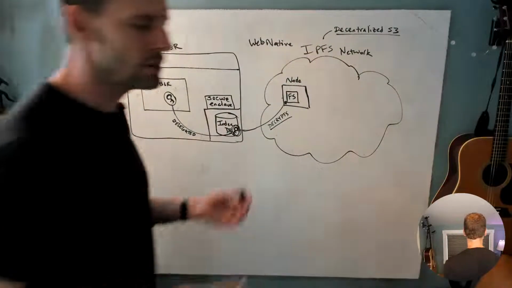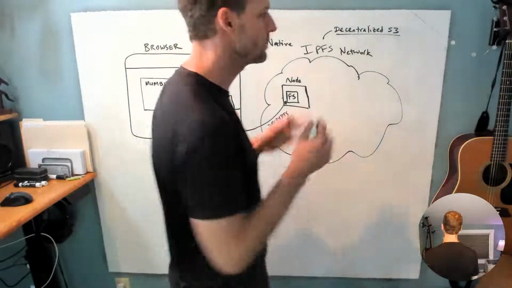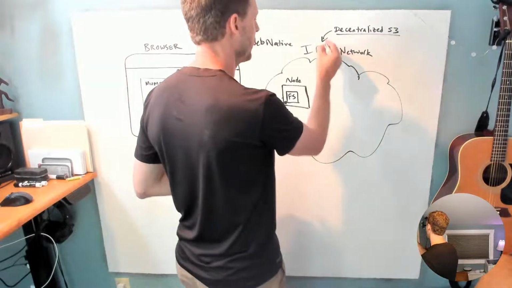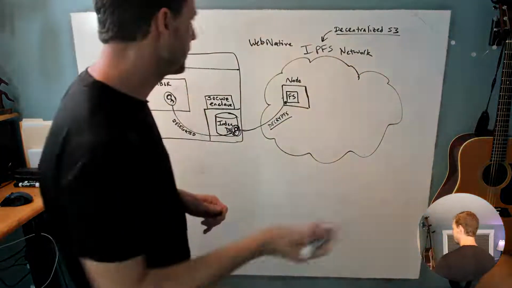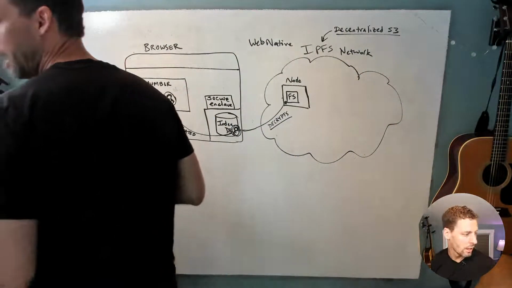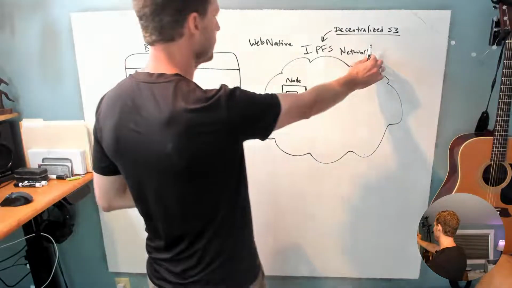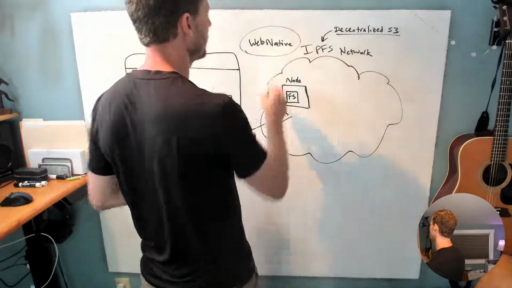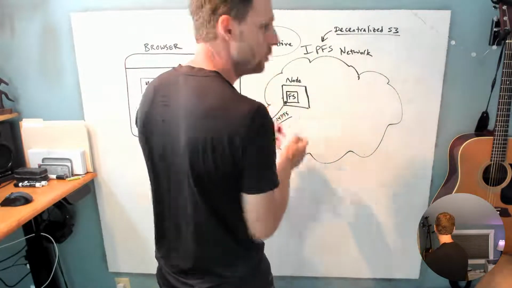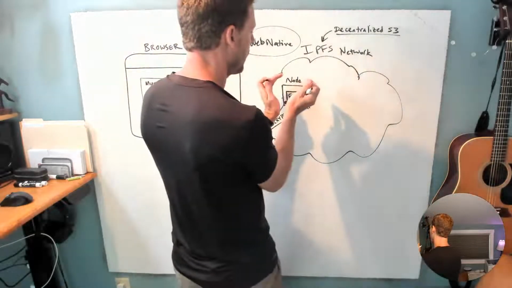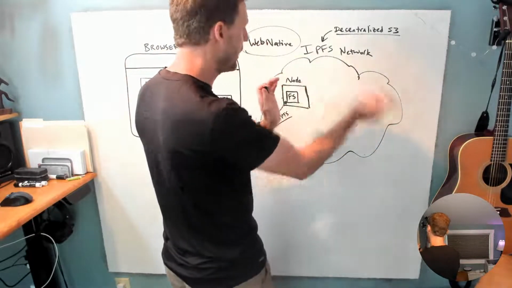There are certain guarantees around the file continuing to exist and all that kind of stuff. IPFS stands for Interplanetary File System. Go look it up on ipfs.io if you've never heard of it. But anyway, this is a giant decentralized S3. What web native does is it wraps an IPFS node, which is basically this giant place where you can store files publicly.